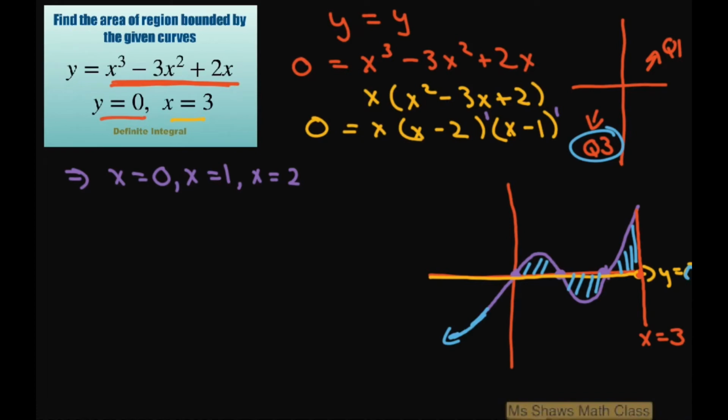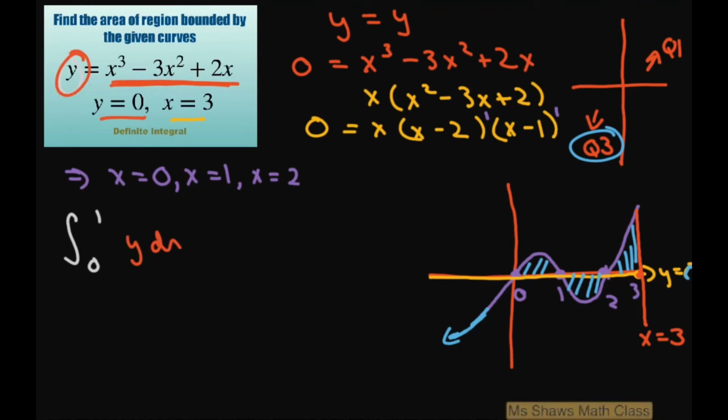So for this first one, we go from 0 to 1 to 2 to 3. So we're going to have 3 different areas to work on. This is going to be the area from 0 to 1 of y dx. I'm just going to put y for now.